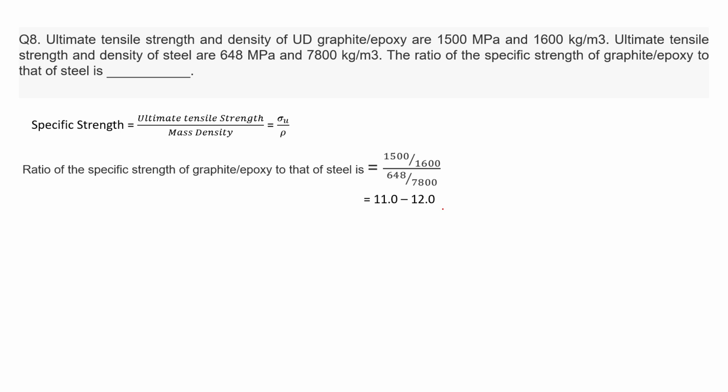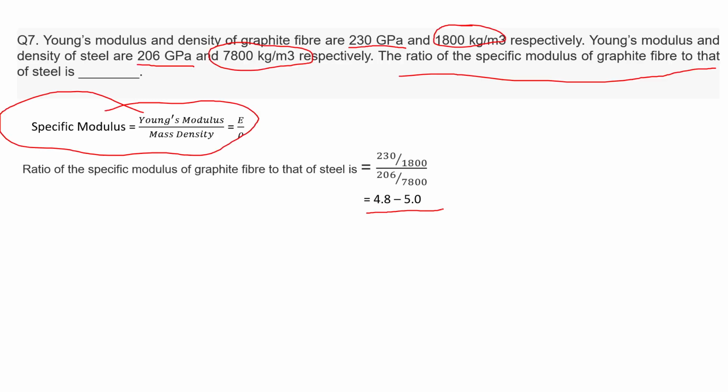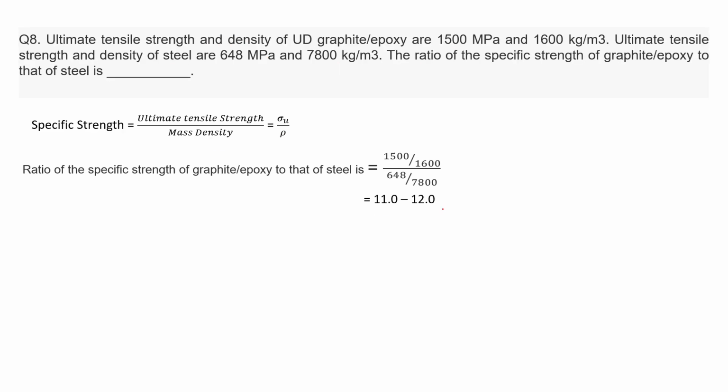Now question number 8 has the same concept as the previous question, but in the previous question they were talking about Young's modulus, here they are talking about the ultimate tensile strength. The ultimate tensile strength and density of UD graphite slash epoxy.